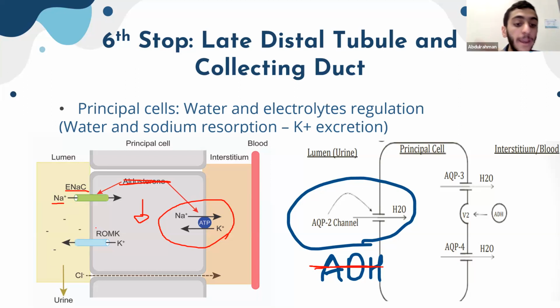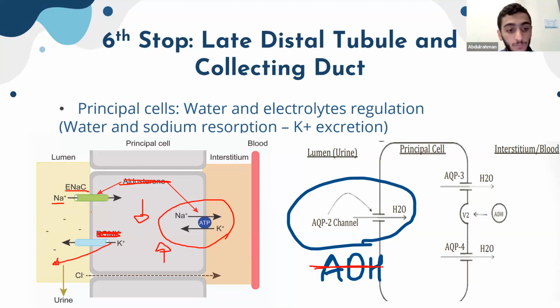At the same time, we got more potassium inside the cell. Potassium only moved inside this cell, so as a result it's going to move, due to a concentration gradient, into this part here. This is done by another channel, ROMK. You don't need to know the names of the channels; I got this picture from an outside source, so it's not in the slides. So a potassium channel moves potassium into this part.